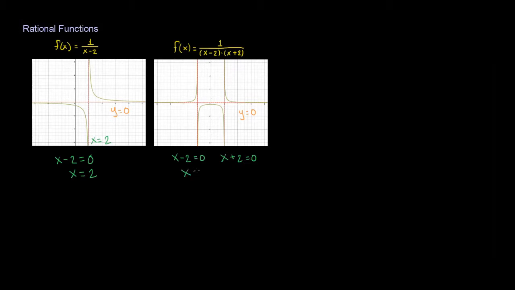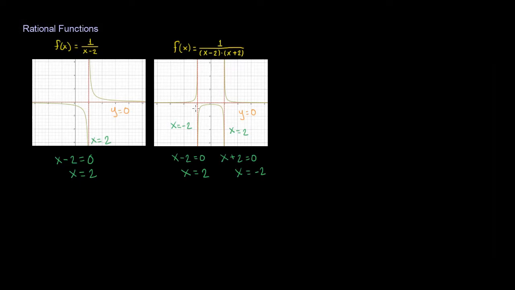Then the asymptotes will be x equal to 2 and x equal to negative 2, which are in here. This one, it's in here the negative 2, and it's in here the positive 2. I'm going to just sign it out: x equal to negative 2, and here we have x equal to 2.